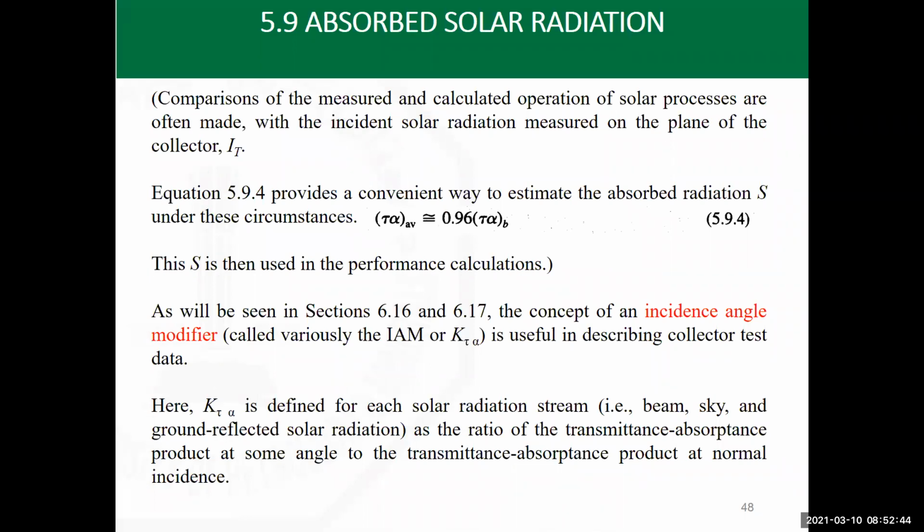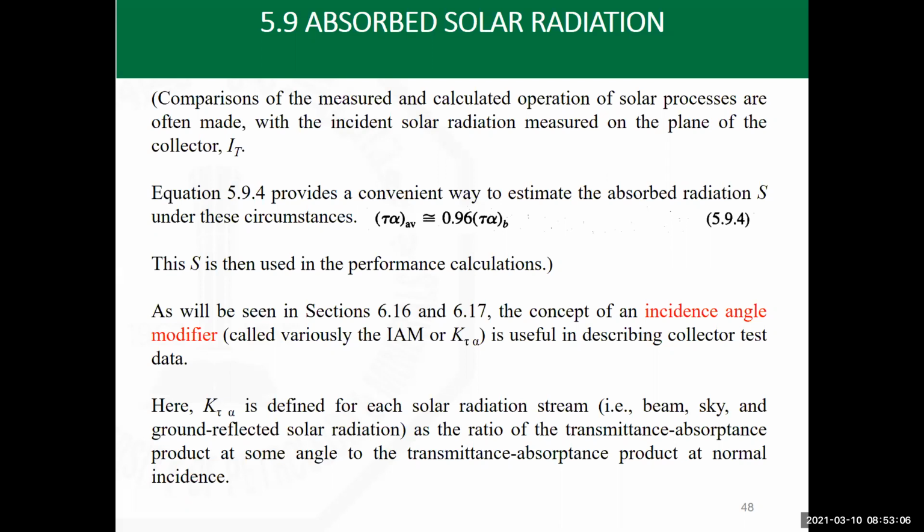And this equation, hence, provides a convenient way to estimate the absorbed solar radiation under these circumstances. You don't have to go through the detailed calculations of the different components of S, but you can simply say that I'm going to get a tau alpha average.